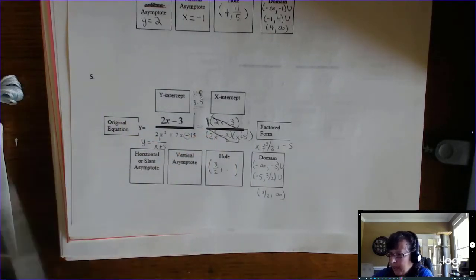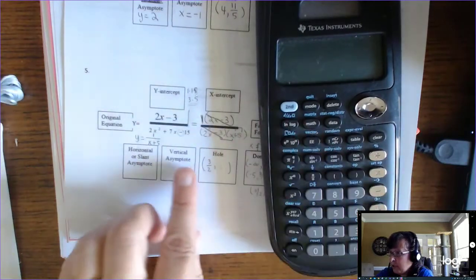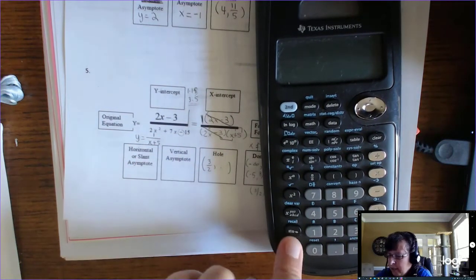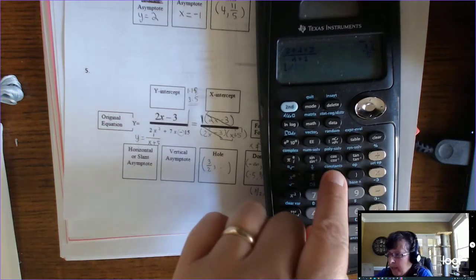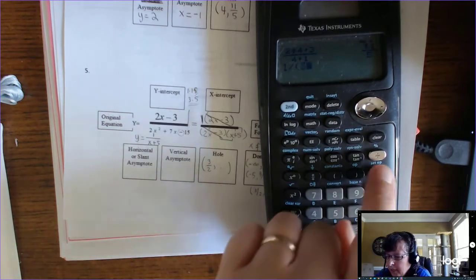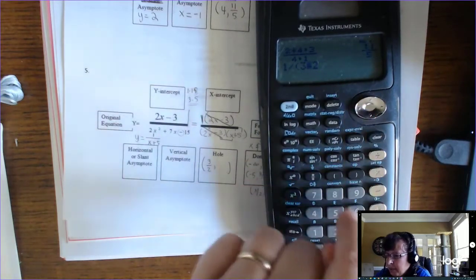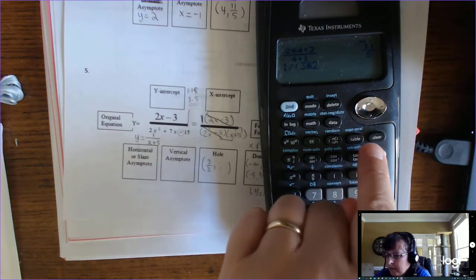And don't panic about this. You've got a calculator. You just need to know the concept. You put that 3/2 in for x here to find the hole. So 1 divided by (3/2) plus 5. I'm using the sideways division key, so that's why I had to use parentheses.